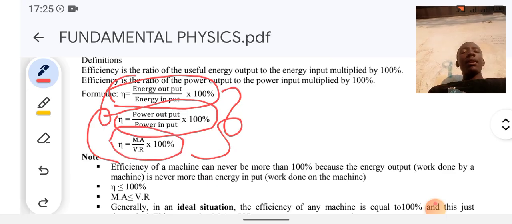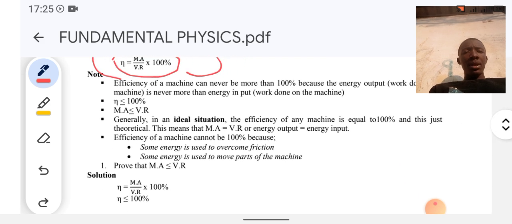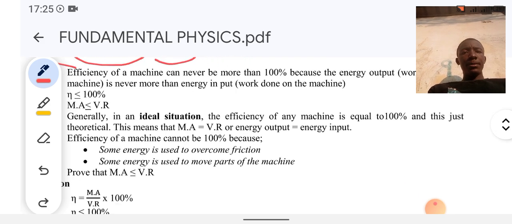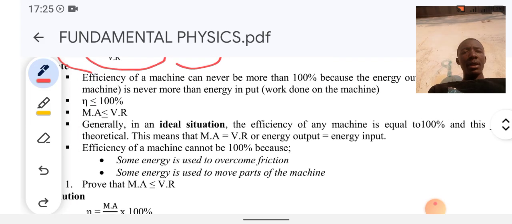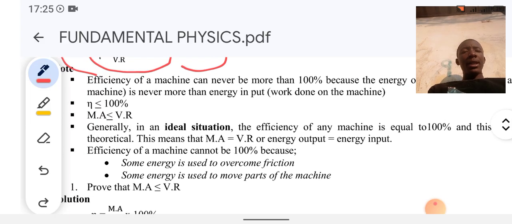So moving on, another important thing you need to note is that the efficiency of a machine can never be more than 100%, because the energy output or the work done by the machine is never more than the energy input done on the machine.